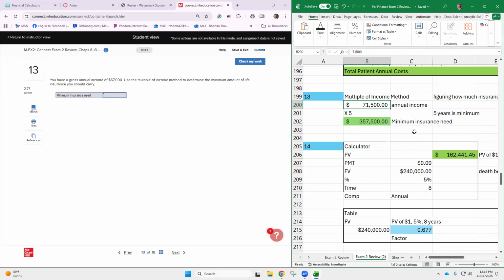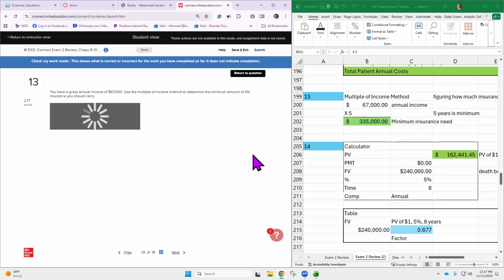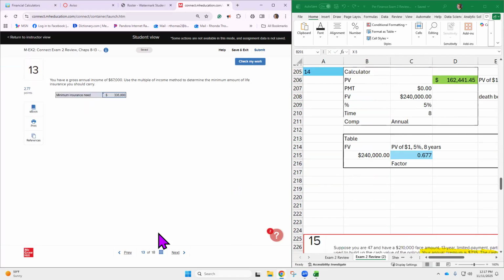So the minimum in the book is 5 years worth of income, using the multiple of income method. So let's put down the income, 67,000 times 5. So this is the minimal amount of insurance you should possibly shop for. Doesn't mean you have to. It's just a target. Okay.